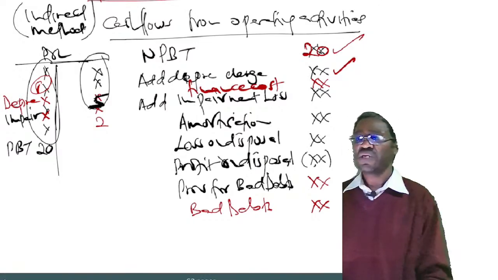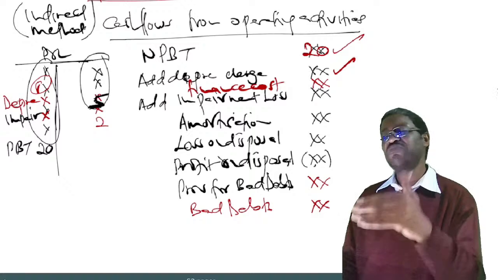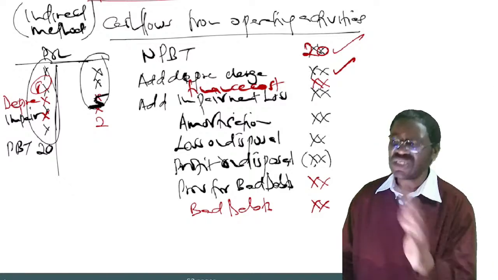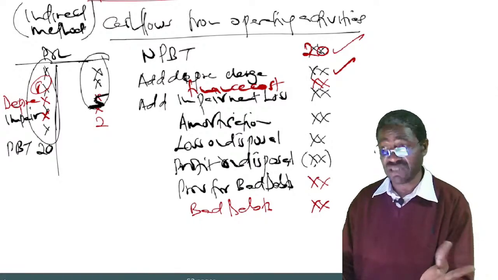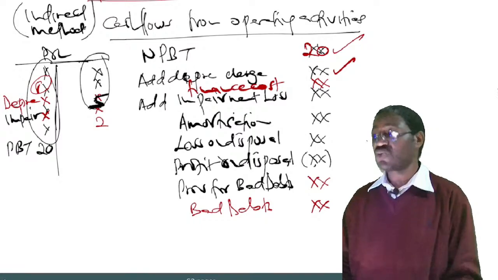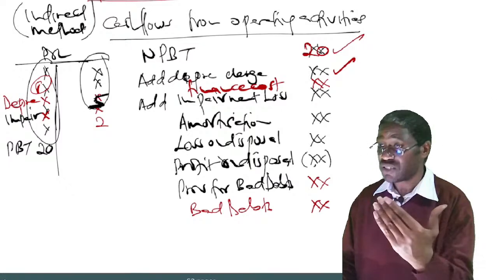That finance cost may be interest on loan, it may be interest on debentures, it doesn't matter. Whether it's loan or debentures, it is the charge for the year for interest.